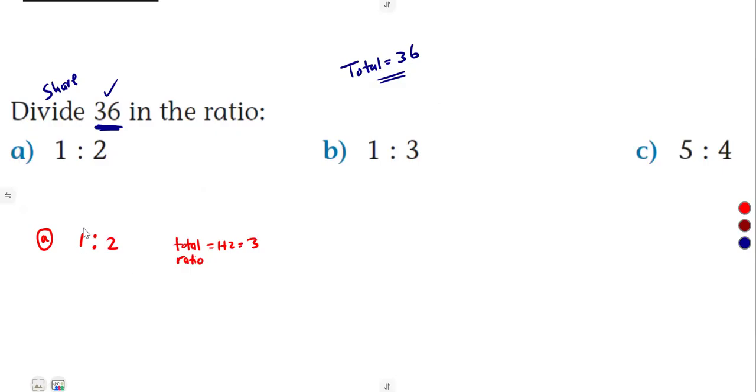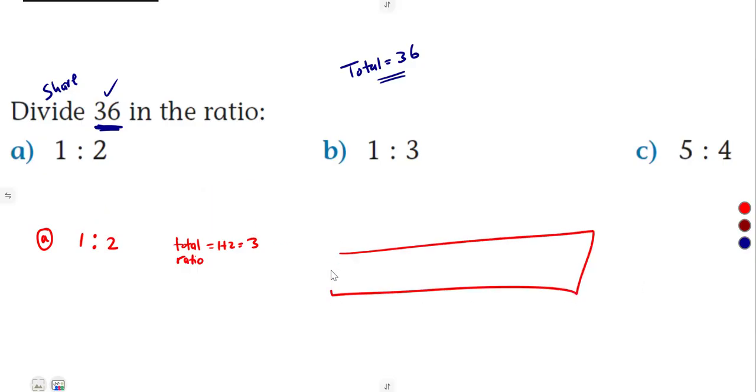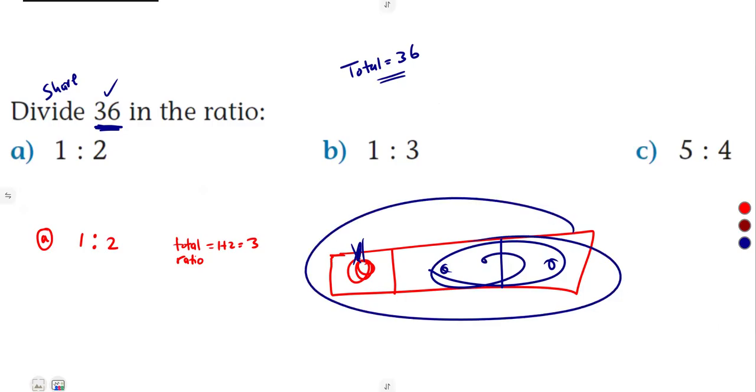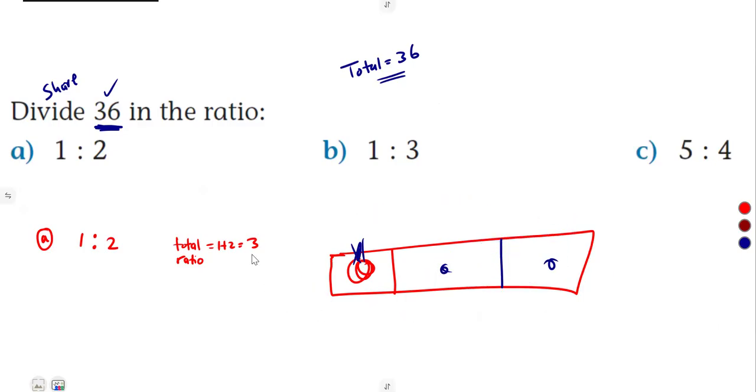So this one obtained one part out of 3, out of the total. They are sharing like this. This one got one part and the other one got 2 parts. So this one got one part out of 3 parts. This one got 2 parts out of the 3 parts they are sharing. So how many parts are they sharing? That is the total ratio.